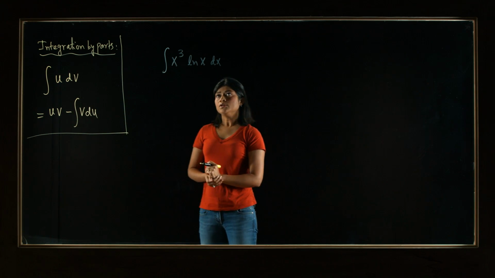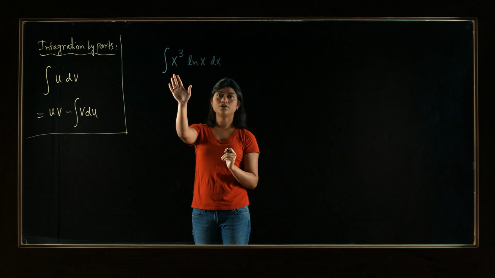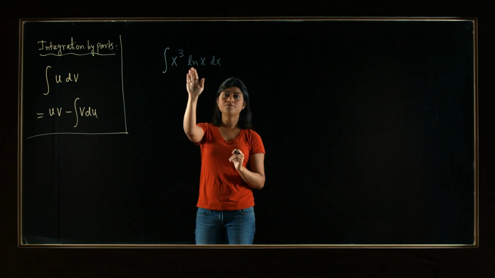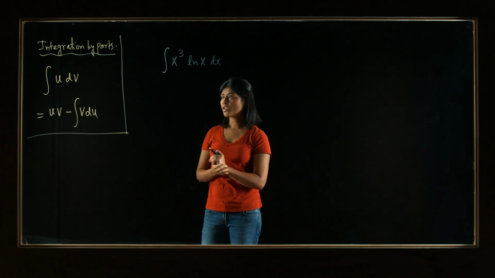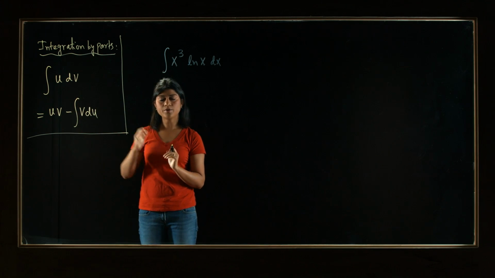Now, notice that in our integral, we have two different functions sitting together. One is x cubed, another one is natural log. We know we will have to use integration by parts.